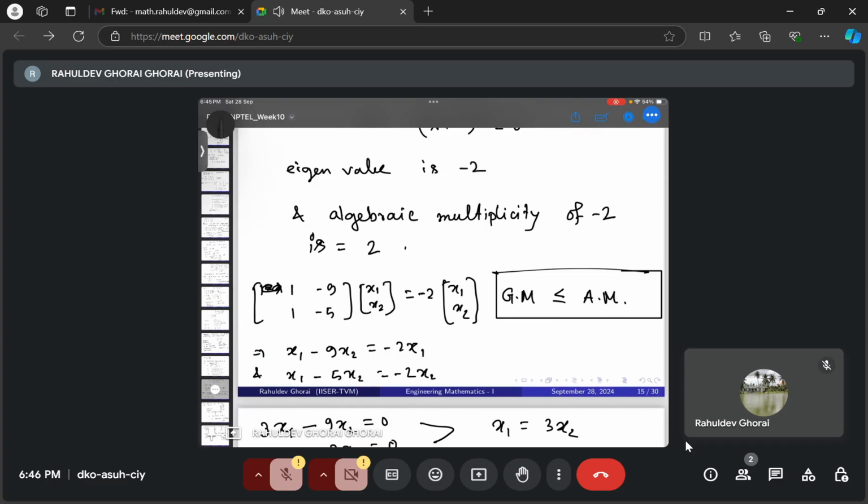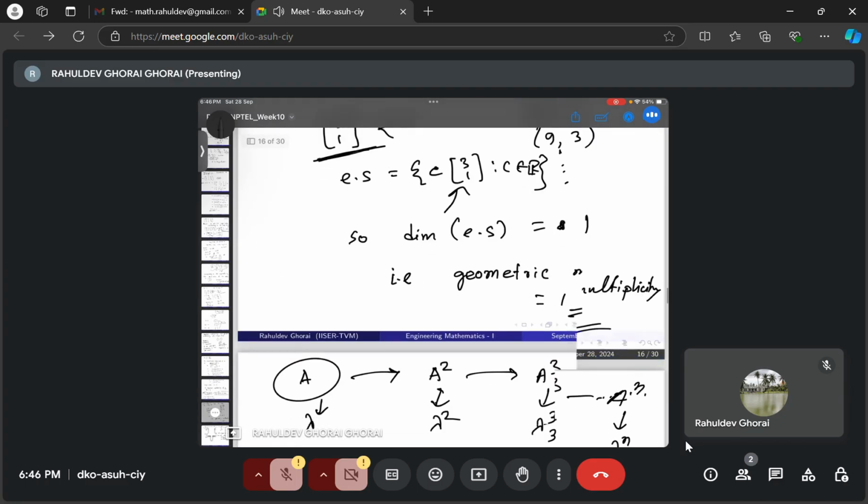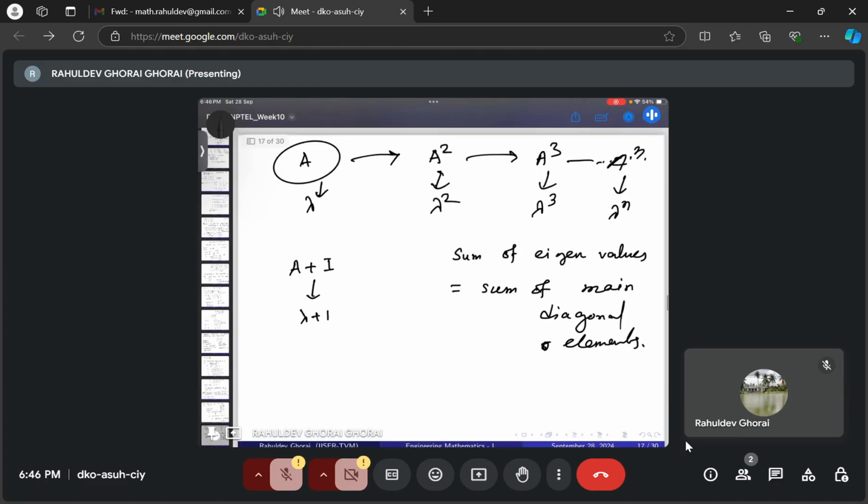For this matrix, the sum of the main diagonal is minus 4, right? And what are the eigenvalues? You have eigenvalue minus 2, and that is twice. So minus 2 plus minus 2, that is minus 4, right? So you can check for all those things, and the product of eigenvalues is equal to the determinant of the matrix.